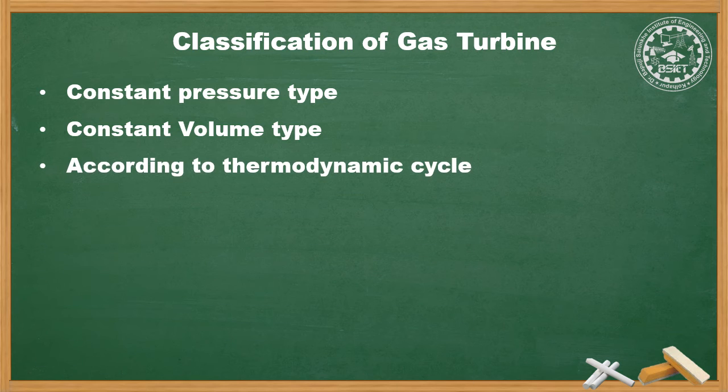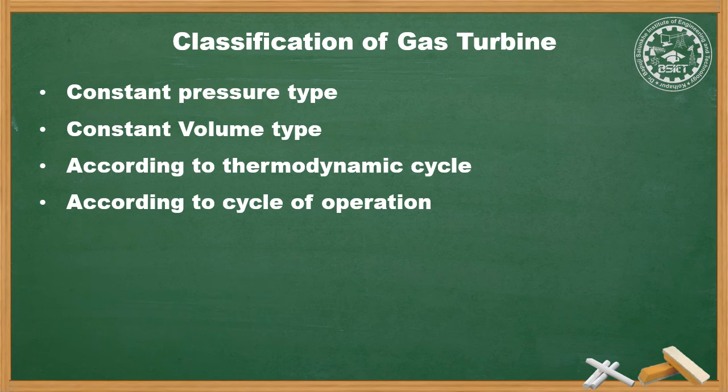Third, according to the cycle of operation, it is classified as open cycle and closed cycle gas turbine. Fourth, according to the thermodynamic cycle it is classified as Brayton cycle or Joule cycle, that is the constant pressure cycle, Atkinson cycle, that is the constant volume cycle, and Ericsson cycle.